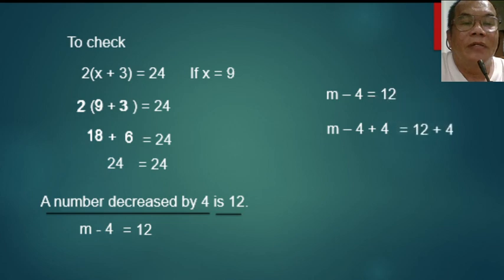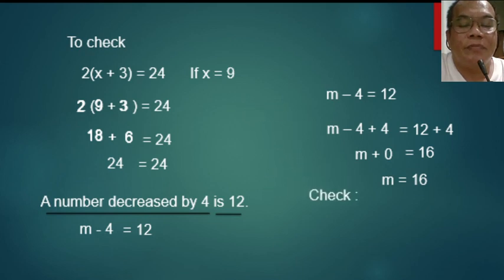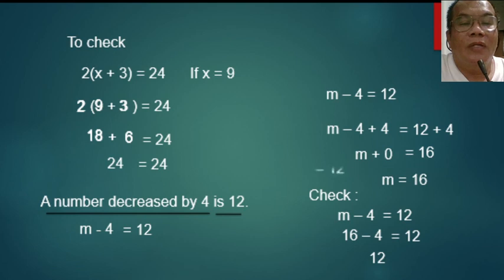So m minus 4 plus 4 is m plus 0, and 12 plus 4 is 16. So m is equal to 16. To check, just substitute in m minus 4 is equal to 12 the value of m, which is 16. 16 minus 4 is 12, and 12 is equal to 12.